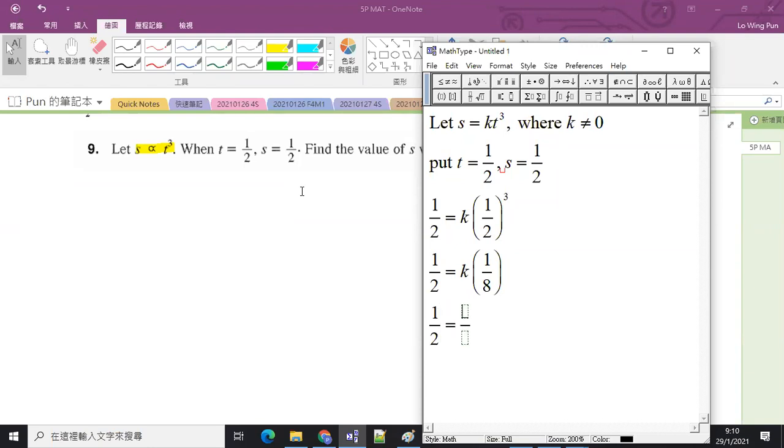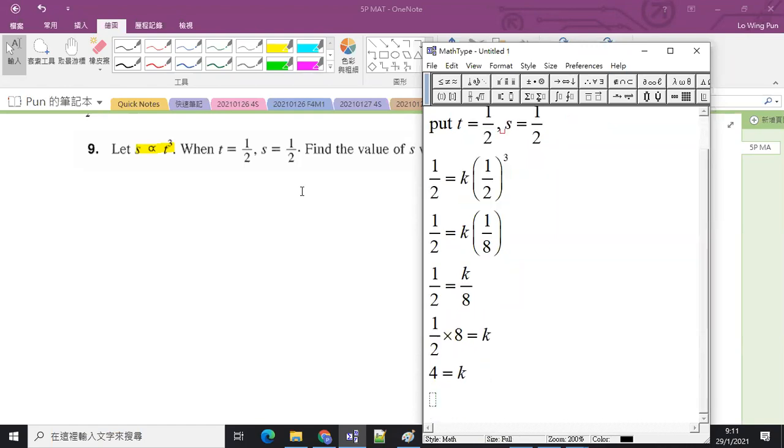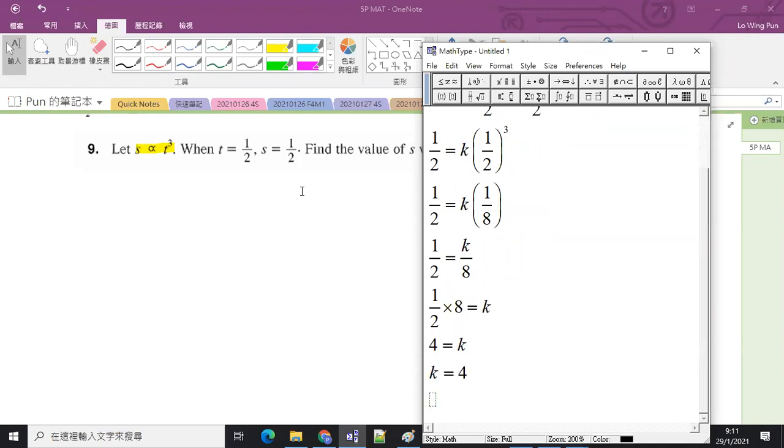So K is multiplied to 1, which is K, and then the 8 is still here. Because you need to find the value of K, and now it is divided by 8, so you just multiply the 8 to the opposite side. So times 8 is equal to K. So 4 is equal to K, which means that K is just equal to 4. Can you get this? Therefore, S is equal to 4t to the power 3.